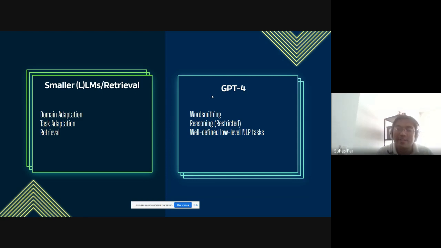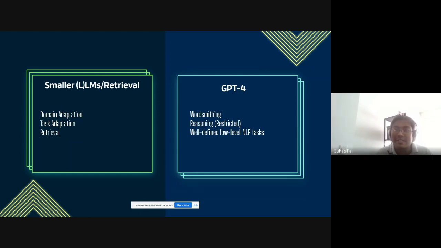So let the smaller LLM, by which I mean anything from BERT all the way up to 40 billion, or maybe 20 billion, anything that can fit in a single A100, do the task adaptation, domain adaptation, retrieval augmentation. Everything goes there.